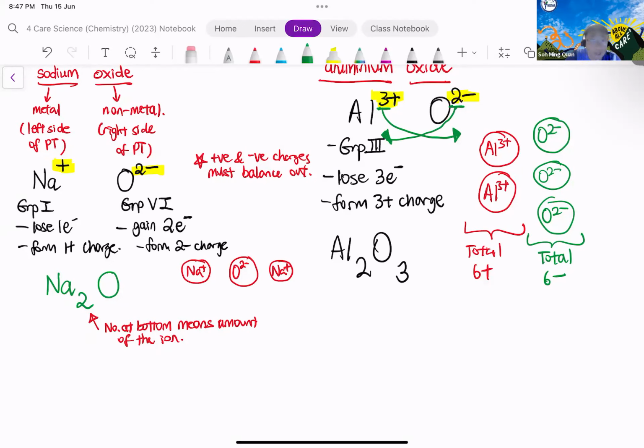And this is a good method to use for more complicated compounds. But essentially what you are doing with this cross multiply method is you are still finding the common multiple, like what I've done by drawing it out. You are ensuring that I have 2 aluminum ions and 3 oxide ions, and that's why the plus and minus will balance out.